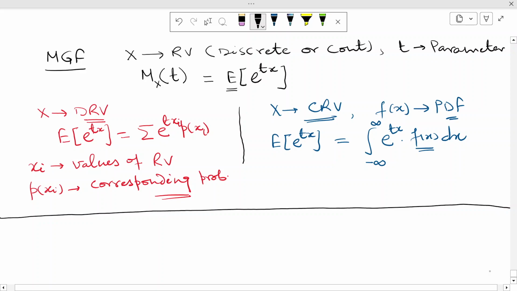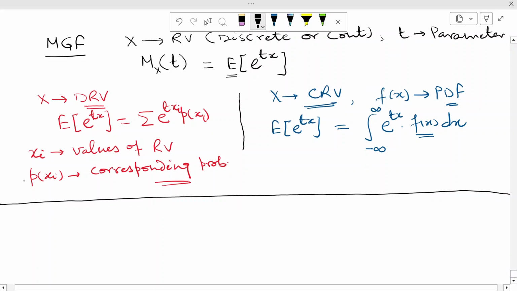Now, before we proceed towards the problems or examples, let me discuss how we obtain the moments from this moment generating function. We know that the expansion of e to the power x is 1 plus x plus x square over factorial 2 plus x cube over factorial 3 and so on.